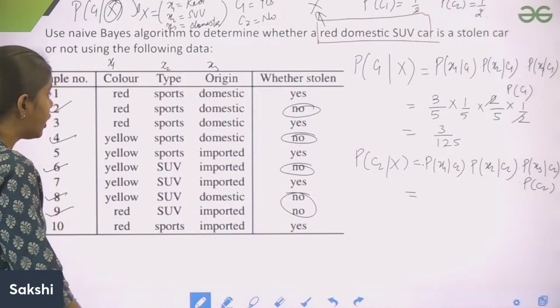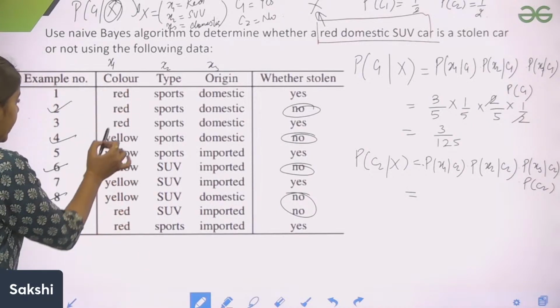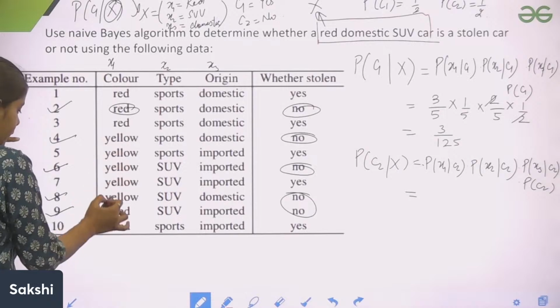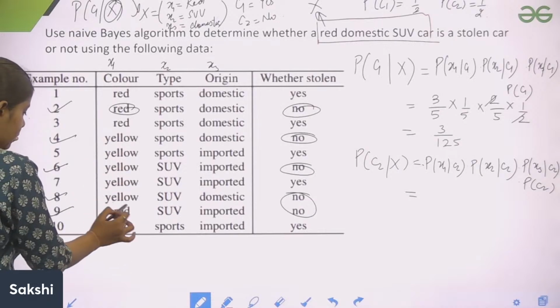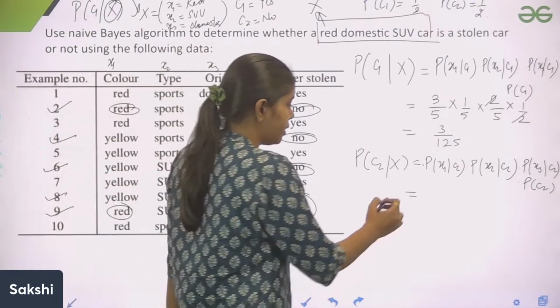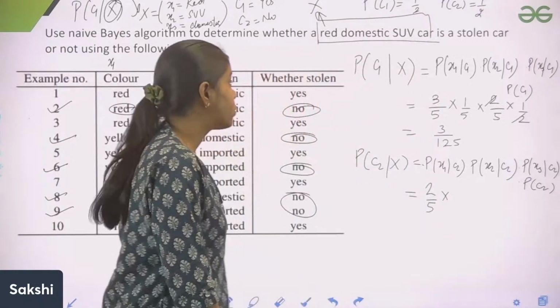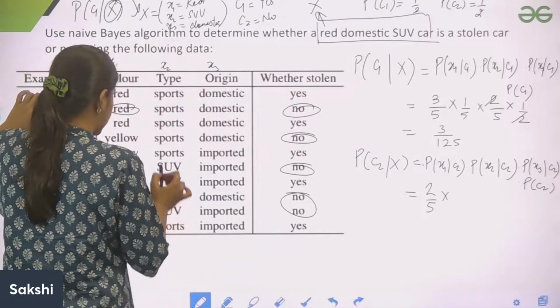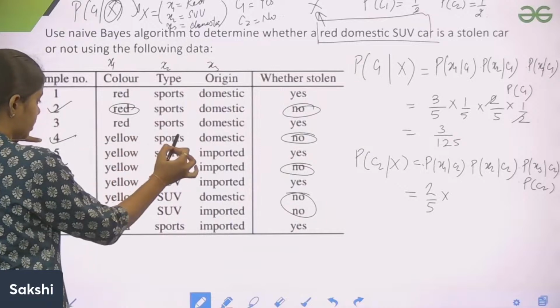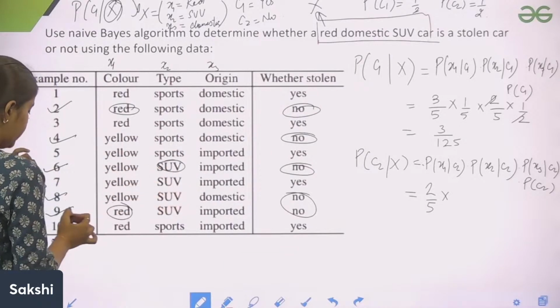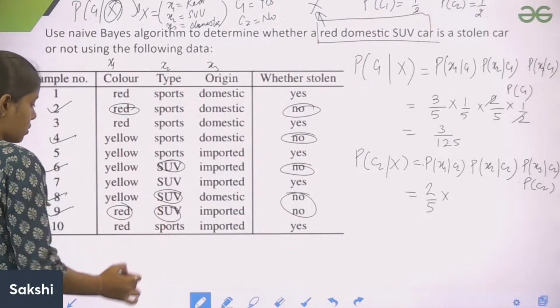Out of this, I'll check how many red I have. I have 1 red, this is yellow, this is yellow, this is yellow, so that means I have 2 red. So out of 5 examples, I have 2 red. X2 is SUV. Let's check how many SUVs I have. This is sports, this is sports, this is SUV, this is SUV and this is also SUV.